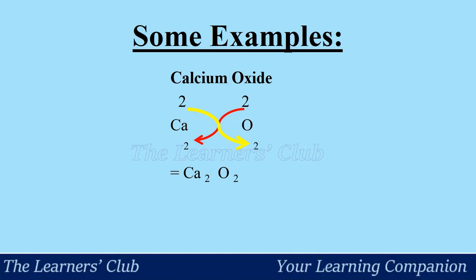And again, the common exchanged values from the exchanged valencies can be reduced to lowest term. That's why these two get cancelled each other. Or simply you can understand that 2 is taken common and removed, such that inside bracket, while taking common, you have got Ca1O1, and directly the final formula will be CaO for calcium oxide.